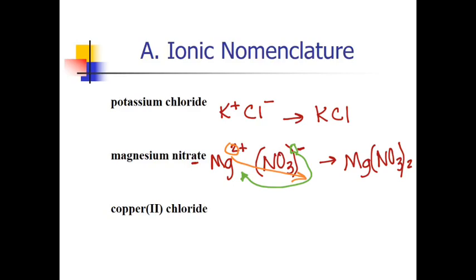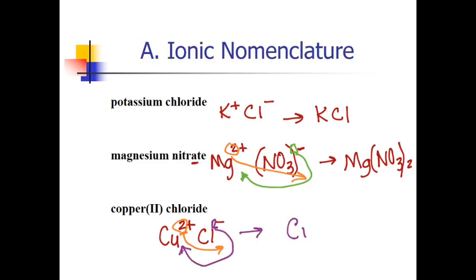And then in this last example, copper. The symbol is Cu. The Roman numeral 2 has to be a 2+, plus because it's a metal. Chloride, Cl-. Again, those charges do not cancel. So when we look at crossover, the 2 will come over behind the Cl. The understood 1 right over to there.